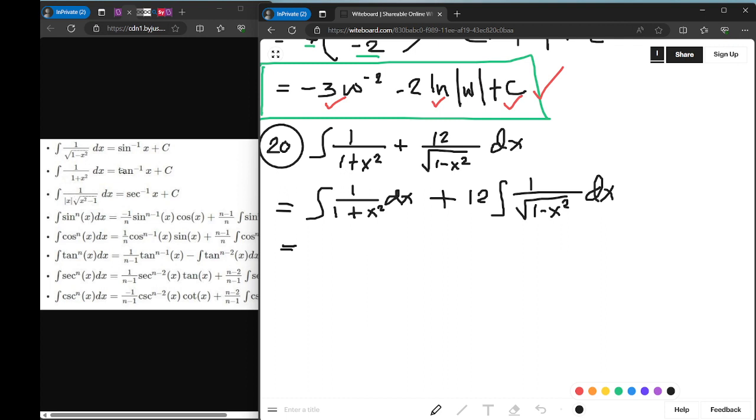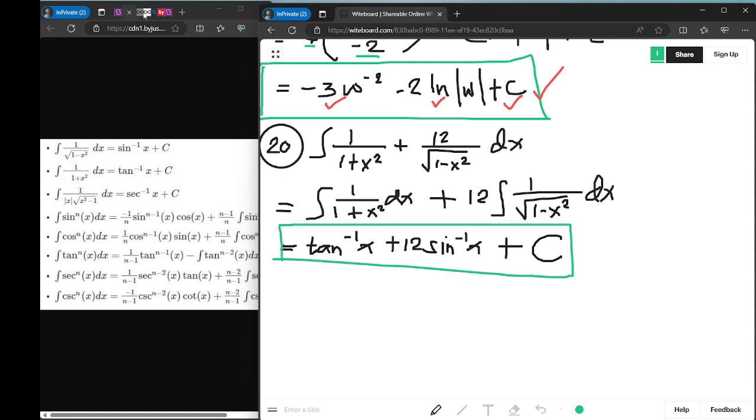The integral of 1 over 1 plus x squared dx is tangent to the negative 1, or we read that as arctangent of x. Plus 12 times the integral of 1 over the square root of 1 minus x squared, which is arc sine of x. Again, when done with integration, we should not forget c.